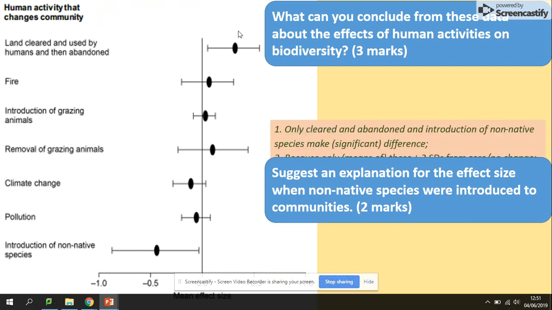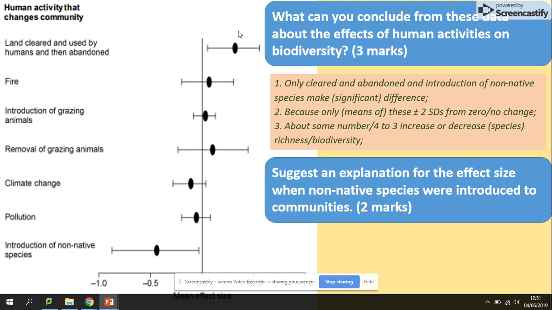So what can we conclude from here? It's only land clearance and the introduction of non-native species that make a significant effect, because only those are about plus or minus 2 standard deviations from the 0, from the mean, and about the same number increases or decreases richness or biodiversity.